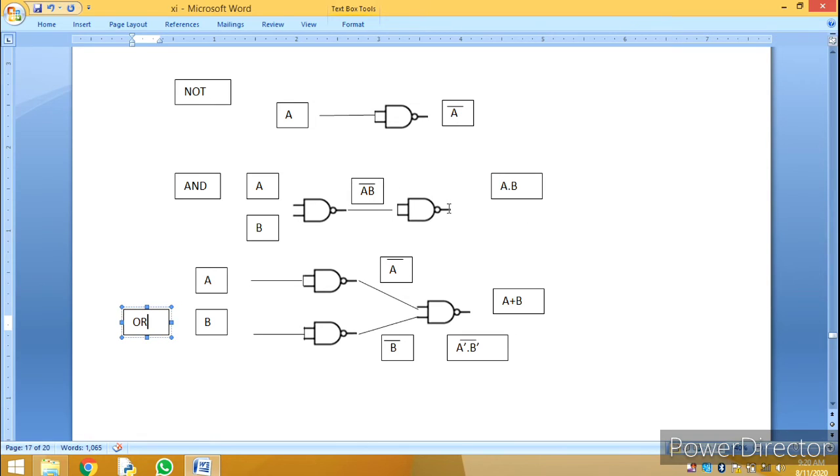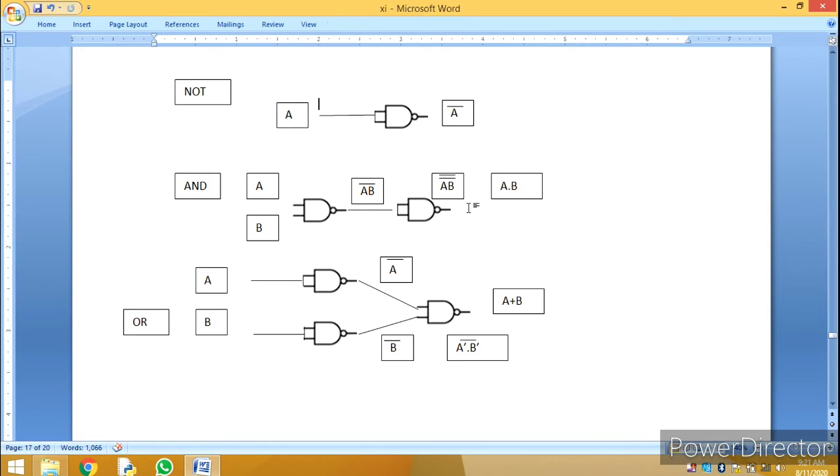So if the input here is AB, for the next NAND gate we get (AB) complement, and then the whole complement again: the complement of the complement.